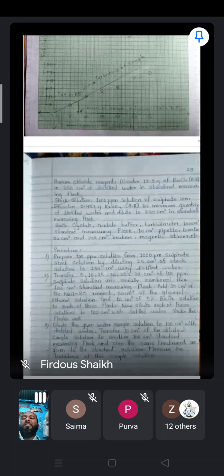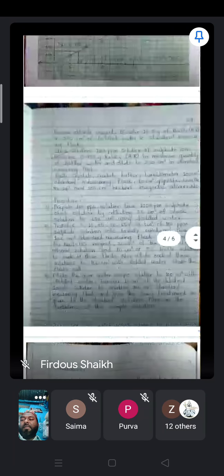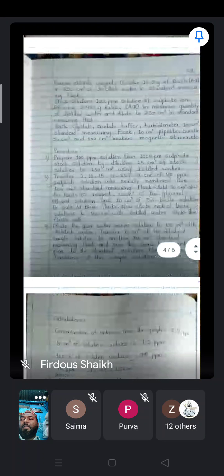All the reagents will be prepared. Just prepare one solution, whatever is mentioned in your slip, and from this solution prepare the standard solution. Then prepare the blank solution, and give the same treatment to the sample solution as mentioned in the slip. Please make a note of this well.